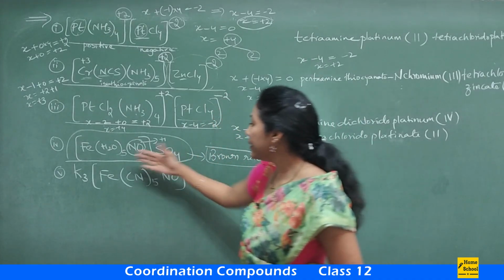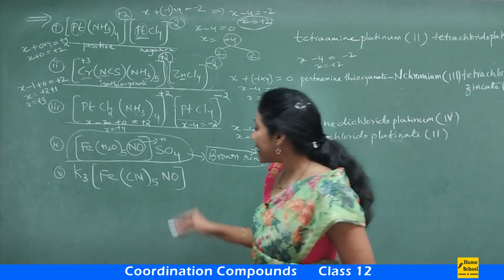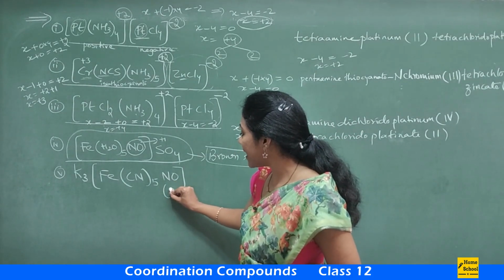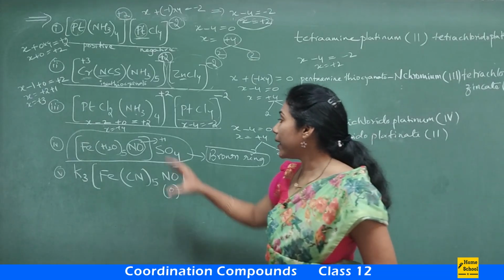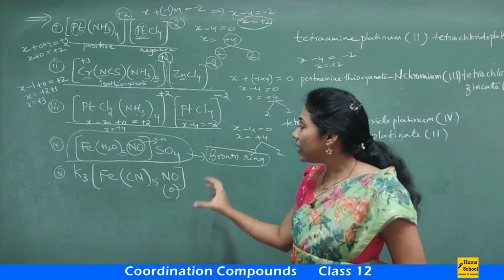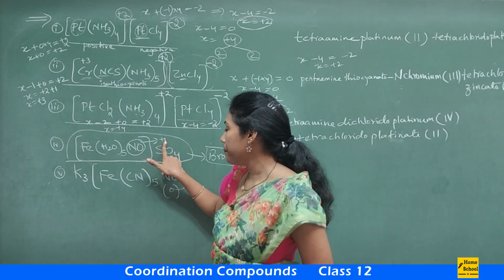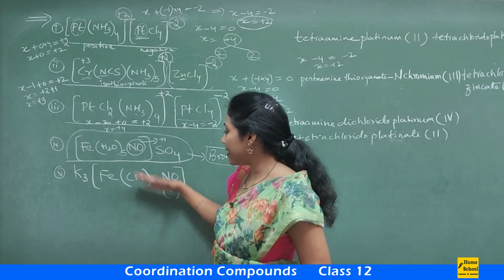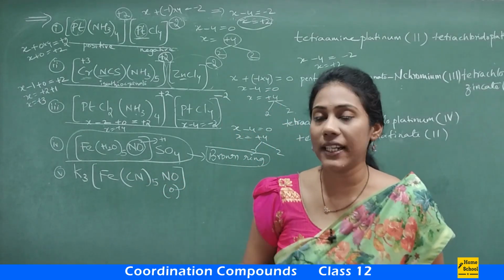Okay, in all other complexes, look at here, in this formula also you have NO, but here NO's charge is taken as 0. It's a neutral one. So when I spoke about NO, I told this point. One and only in the brown ring complex, NO is considered as +1, okay, a positive ligand, whereas in all other cases NO is normally considered as a neutral ligand.